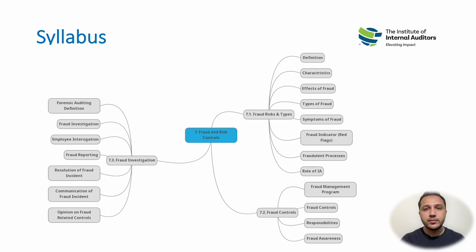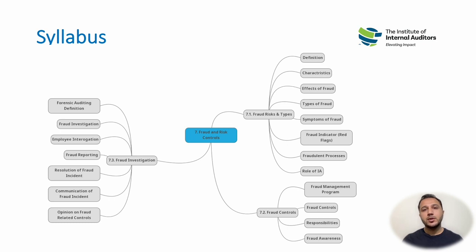Unit 7, fraud risk, basically has 3 components. The first one is about fraud risk and the types of fraud which are being committed. The second section is about fraud controls, which touch upon the key controls to mitigate or manage fraud risk.